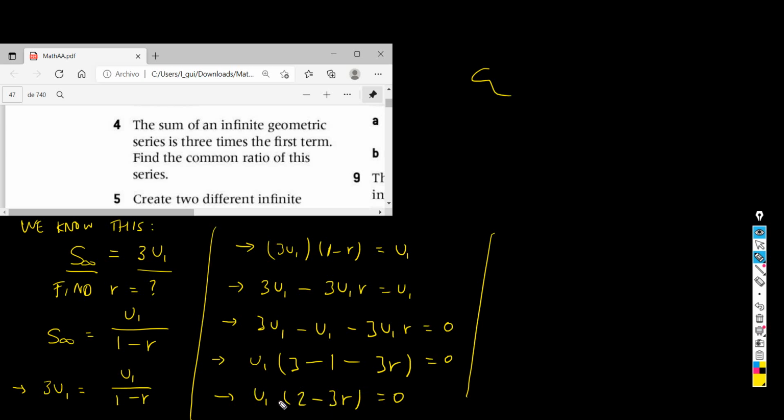So what do we have here? We have this number that multiplies this number, and the product is 0.